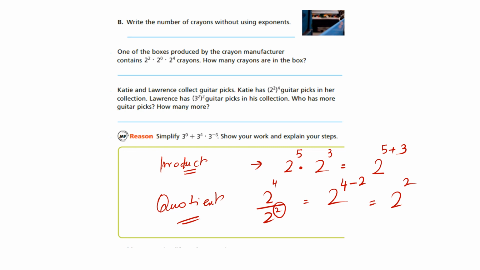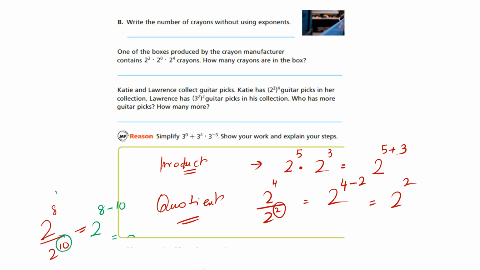Same thing, for example, if we get 2 to the power 8 and here 2 to the power of 10, use the quotient property. So what will we write? We will write the base one time. Write the upper exponent as it is. Change the sign of the lower exponent and write here.